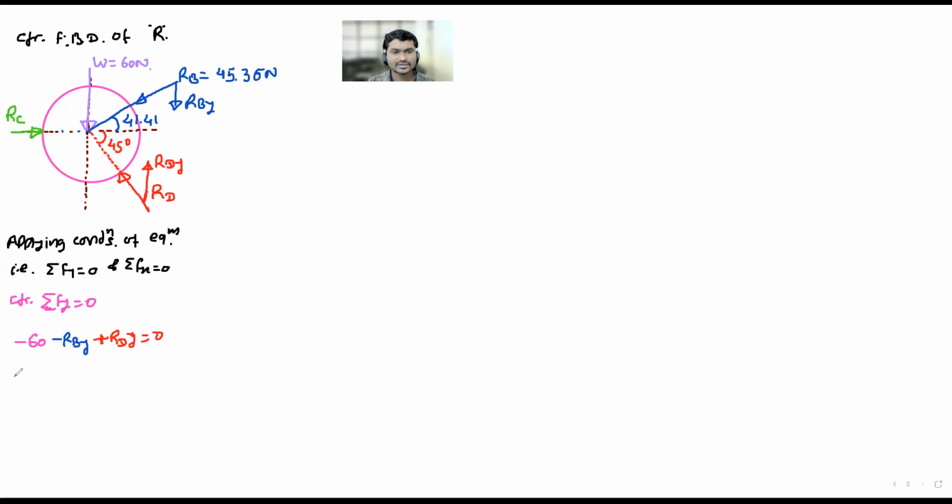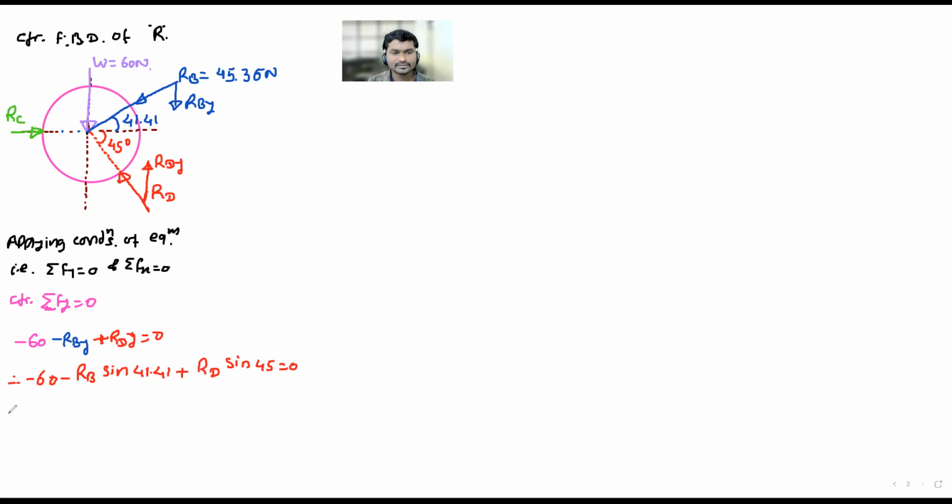Therefore minus 60, minus RBY means RB sin theta, which is 41.41, plus RDY means RD sin theta, the sine of the angle 45, equals to 0.